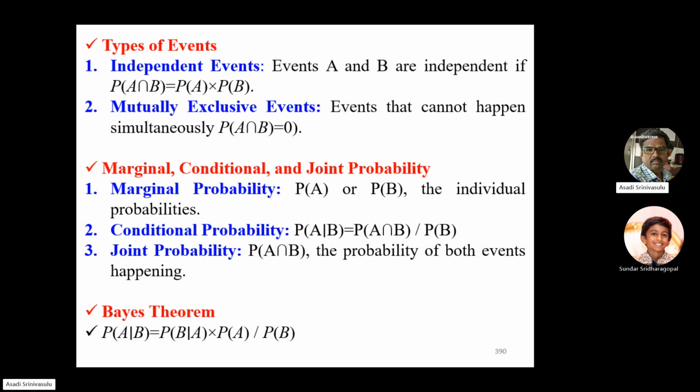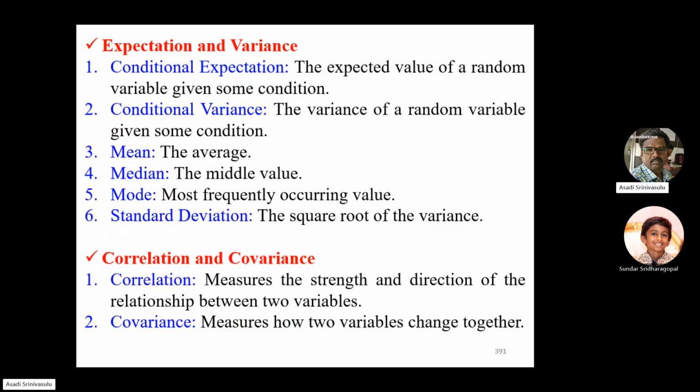Then Bayes theorem, which we have seen already: P(A|B) = P(B|A) multiplied by P(A) / P(B). Then expectation and variance. We have six concepts, usually called statistical operations, that come under expectation and variance.